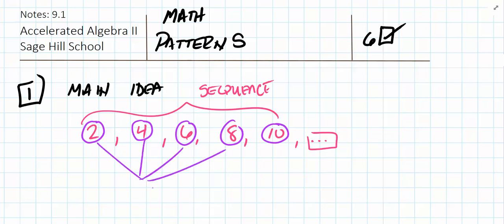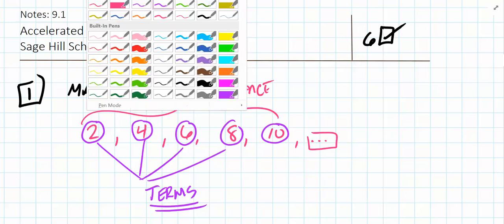We call them terms. So we're getting some vocab here. Terms are just what we call the numbers in the sequence. For example, the third term would be 6. The fifth term would be 10. Pretty straightforward so far. Is everyone still on board with me? We're just getting some vocab here.